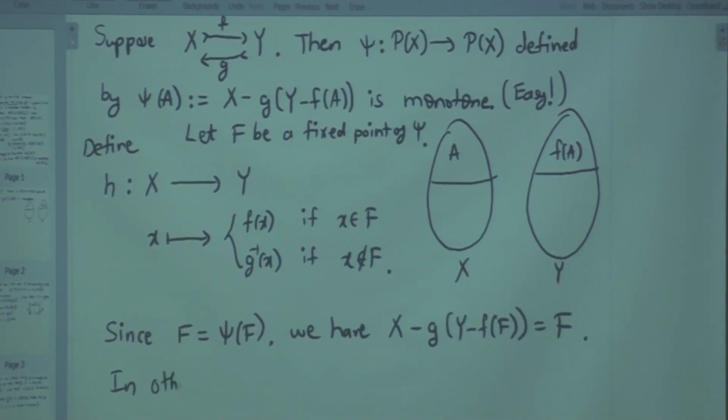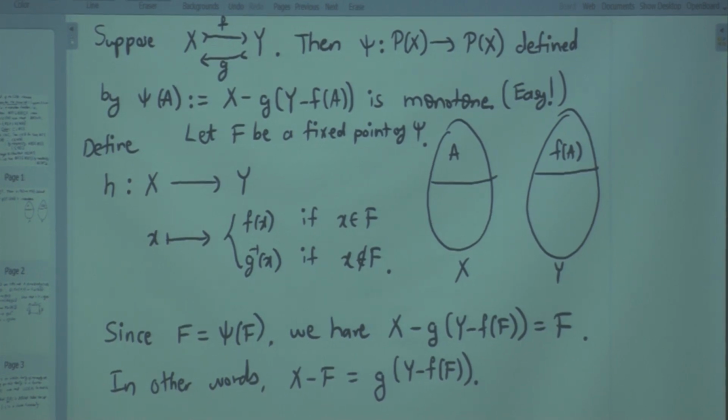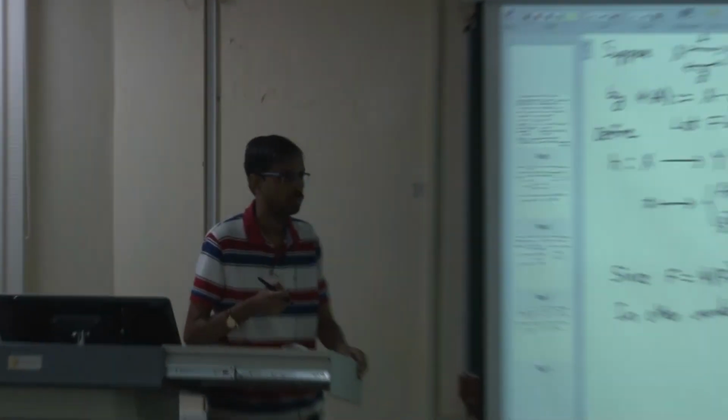In other words, X minus F is equal to g of (Y minus f of F). Well, this precisely shows, since g is injective, on X minus F, g inverse will serve as the required function, and since f is injective, little f will serve as the function on capital F. The rest is simple verification.